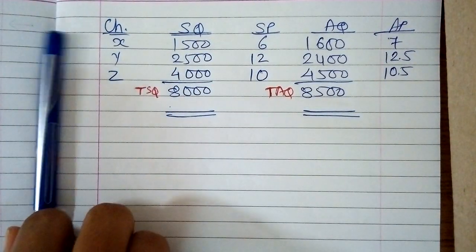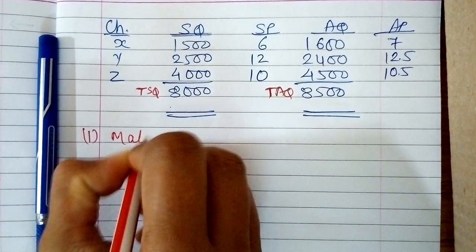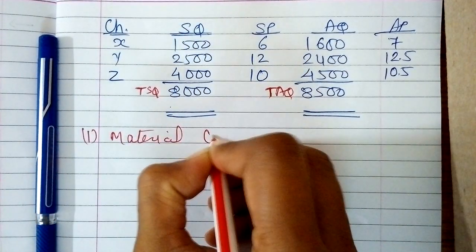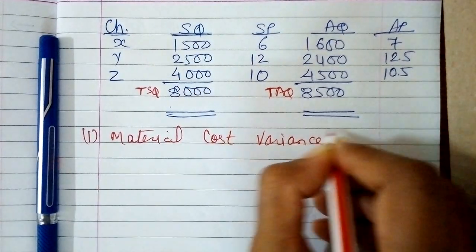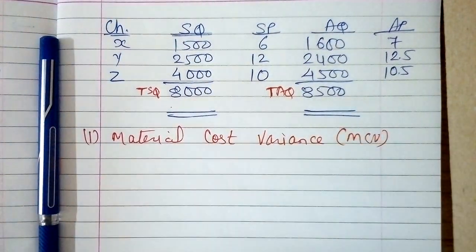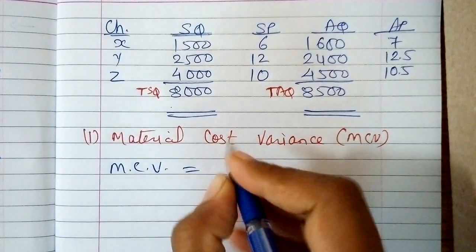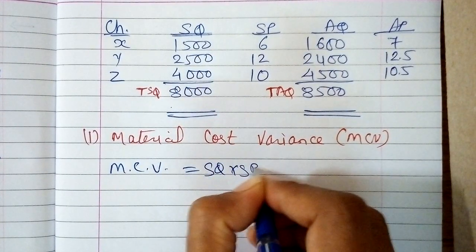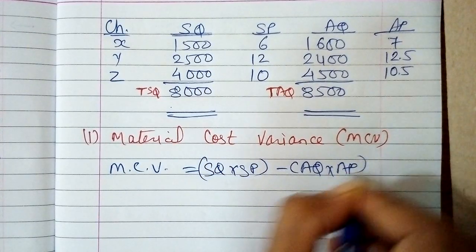Starting with the calculation, calculate material cost variance. So first formula, material cost variance, that is MCV. So let us start with the calculation. Firstly, let me write down the formula: SQ into SP minus AQ into AP.